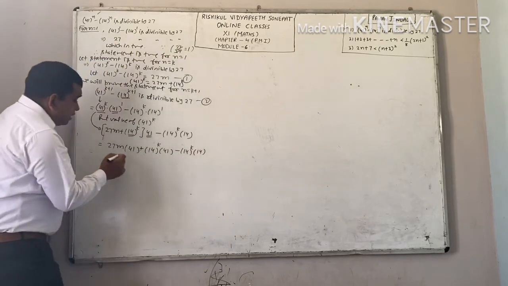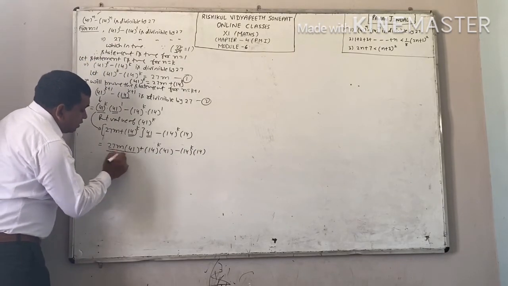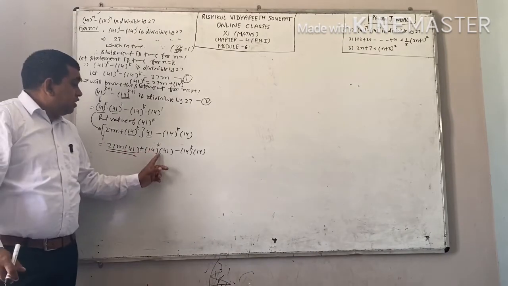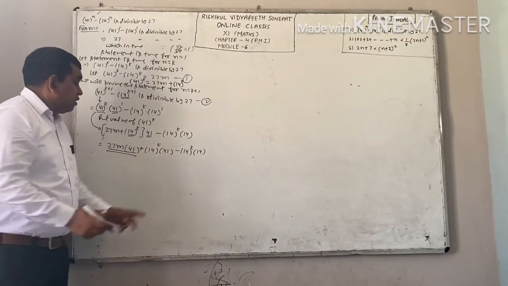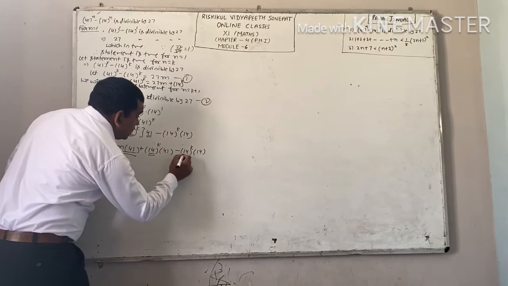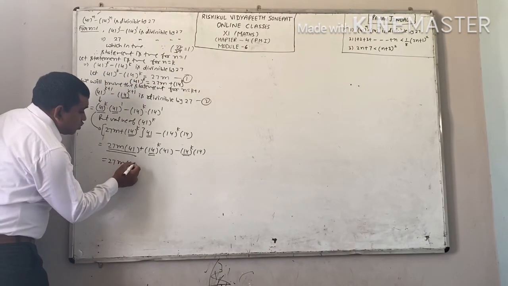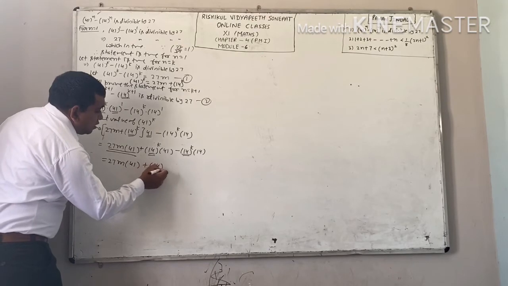Now you can clearly see this is divisible by 27 because here we are having one factor 27. We are facing problem here. Now from these two you can see this 14 raised to power k is common. Take it as common. See what is left.